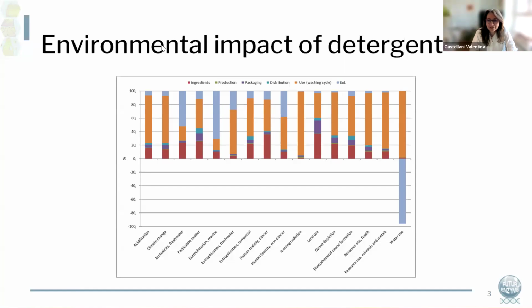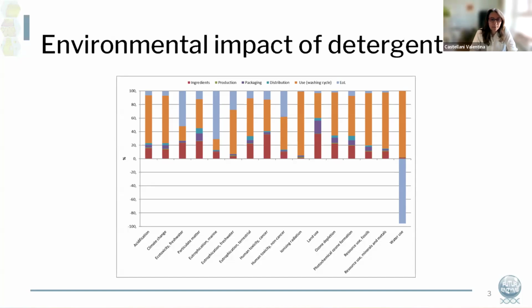So basically, as Maria introduced before, what we did firstly was to analyze the environmental impact of benchmark detergents, so an average detergent on the market. The formulation was modeled following previous studies and double-checked with our business partner, Henkel.